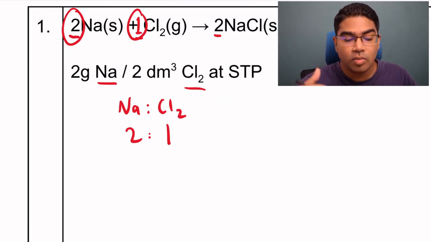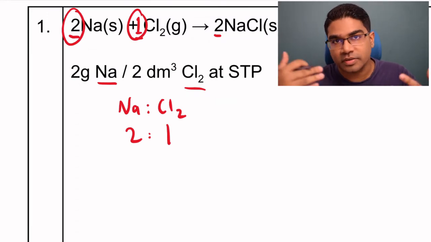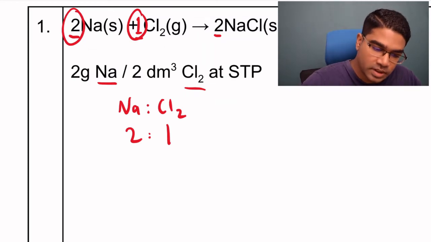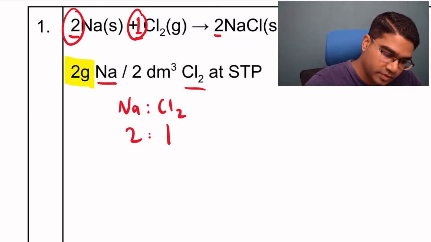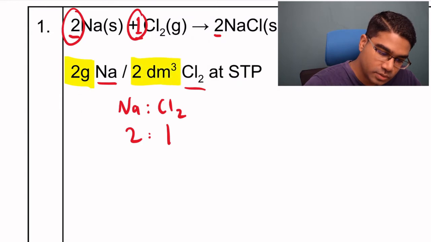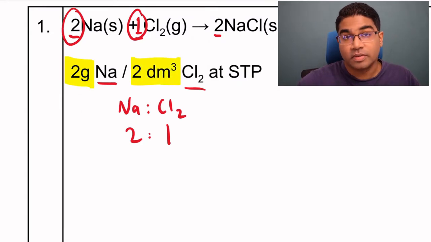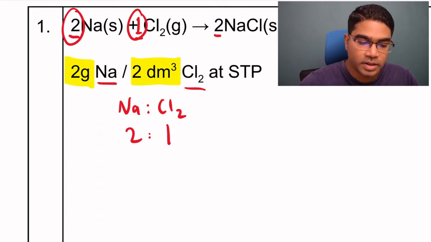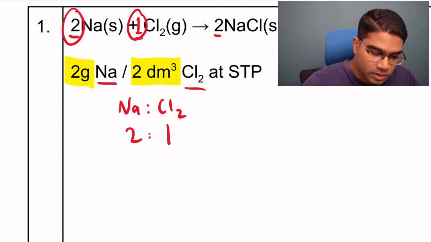Now, how much sodium is present, how much chlorine is present? So the question has given that there are 2 grams of sodium and there's 2 dm cube of chlorine. So we have the mass of sodium and the volume of chlorine. Now it is very tempting to go, so now we have 2 to 2.